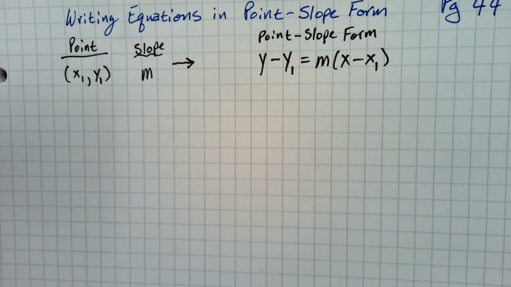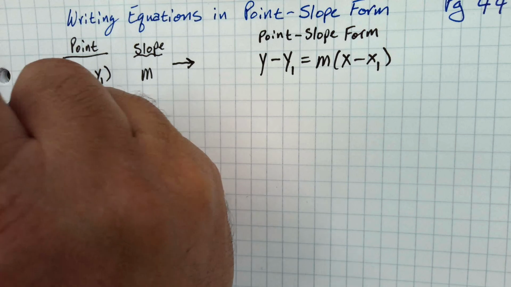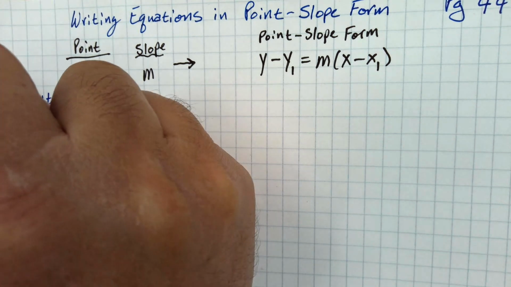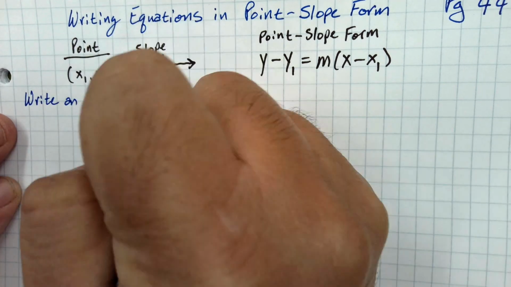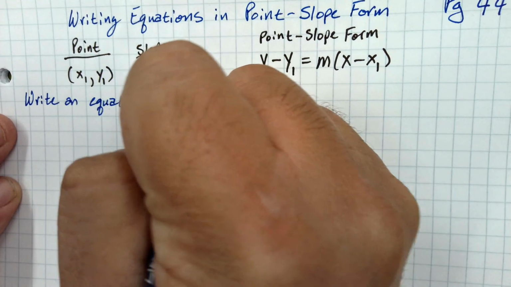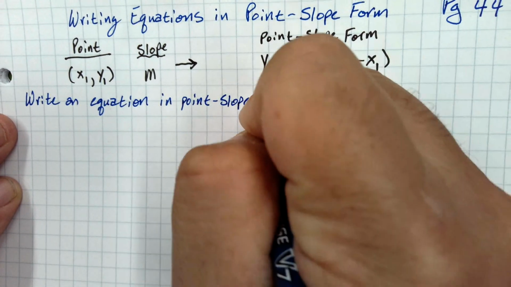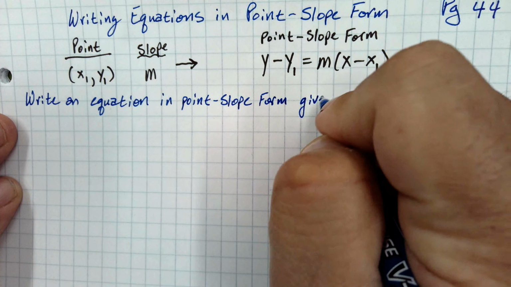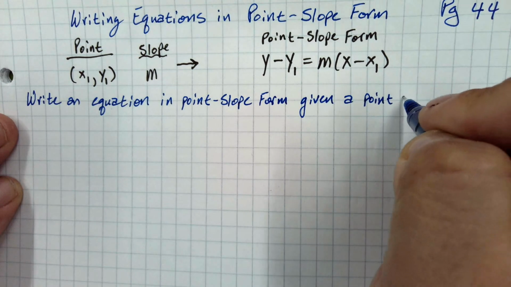The first three equations we're going to deal with are going to be the following. We're going to write an equation in point-slope form, given a point and a slope.